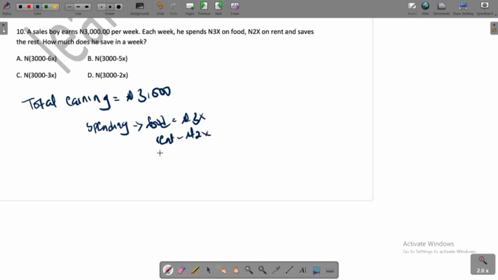Saving is the total amount he earns, that is 3,000, minus the amount he is spending. The amount he is spending now, we add this and this together. We have 3x plus 2x, so you have 5x naira.